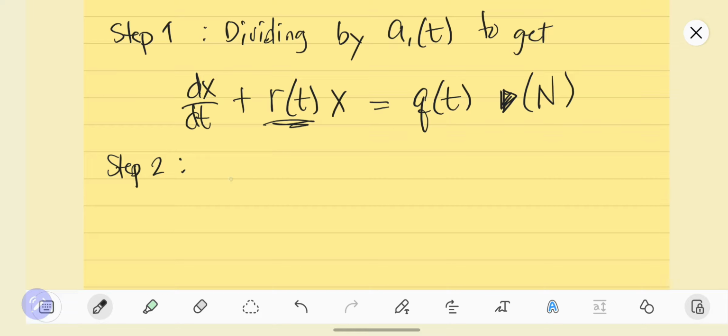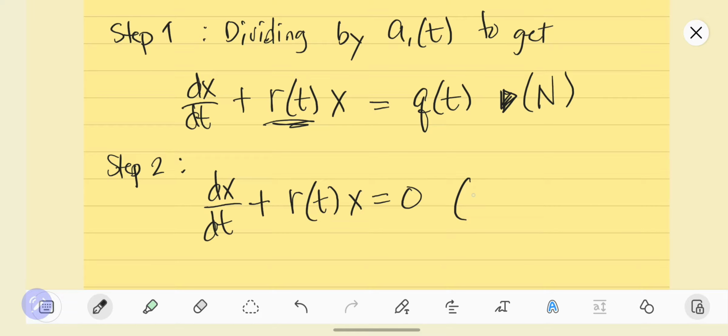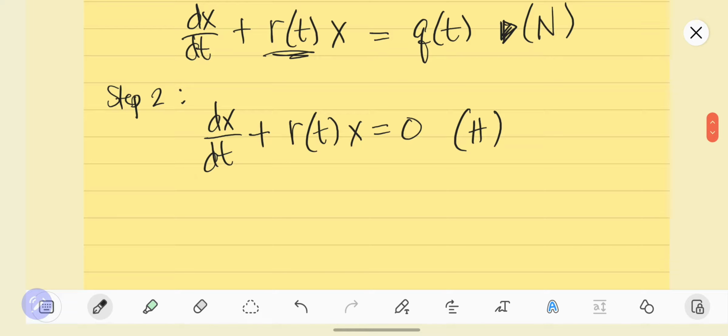By doing that, we set dx over dt plus r of t x equal to 0. That's how the equation becomes a homogeneous equation. You equate the non-homogeneous equation with 0.